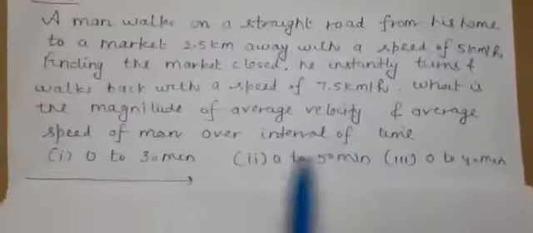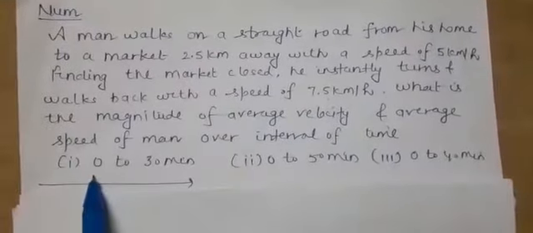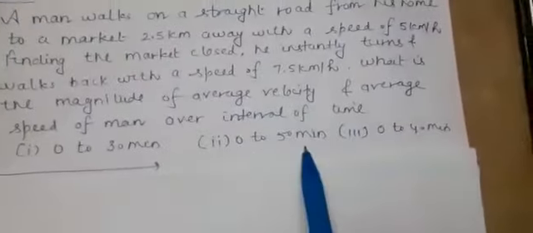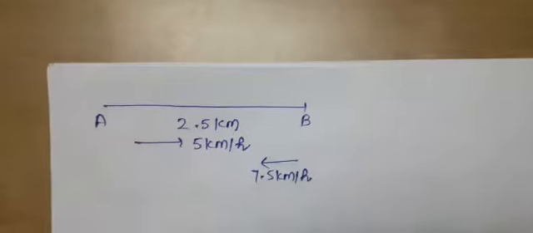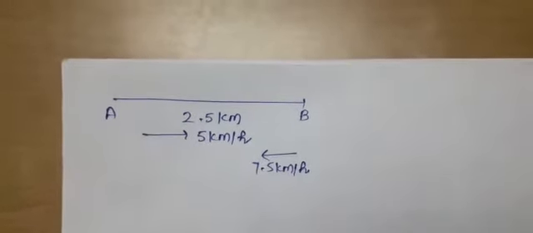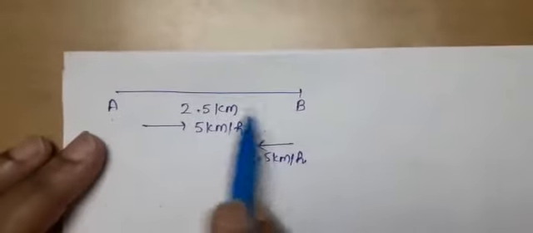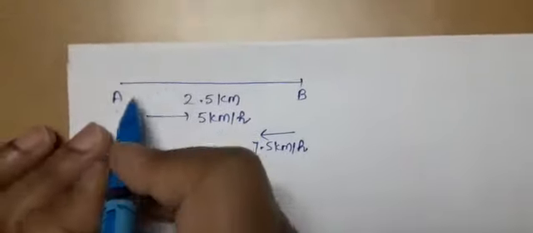Now this is important. Three time intervals have been given: 0 to 30 minute, 0 to 50 minute and 0 to 40 minute. Now see, a man walks from home to market, which is distant 2.5 kilometer. When he is going from home to market, that is from point A to B, speed was 5 km per hour.